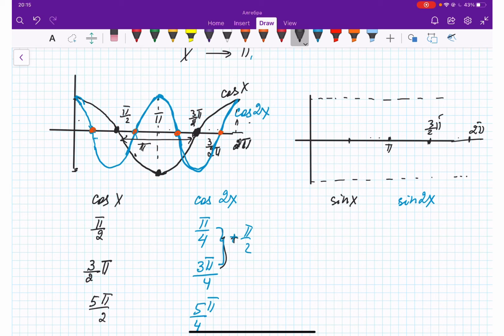Okay, let's see how we're going to build this. At the point of half a pi, it's going up. And then we have it. So, which means this is our sine x.